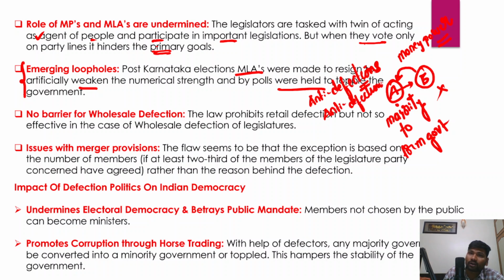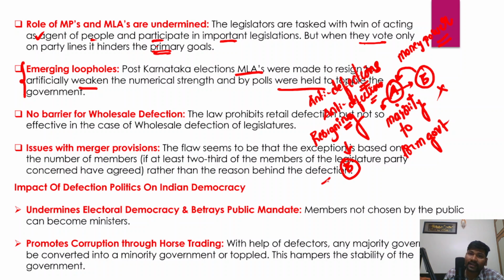So generally what these members have been doing is resigning as members of the legislature, and also resigning from political party A, and again contesting elections on the party B ticket.